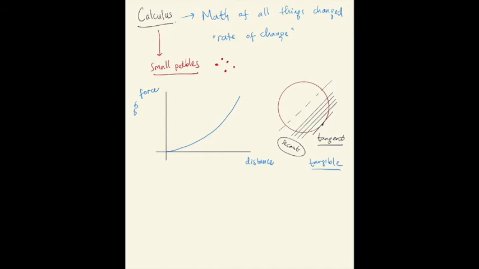So if this is A, and this is B, and you have this line here, the second line, let's say this is f of x.